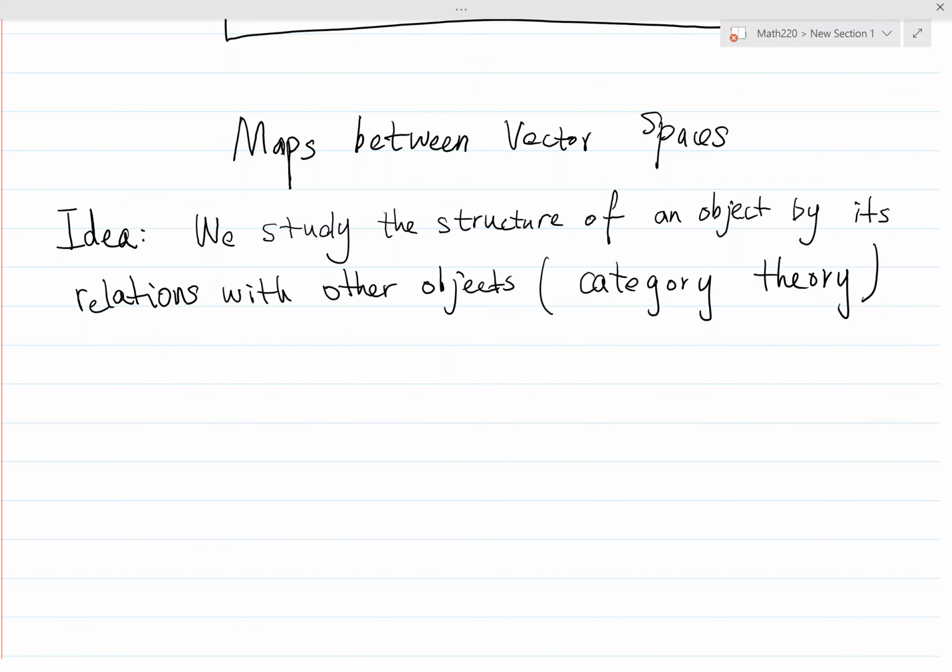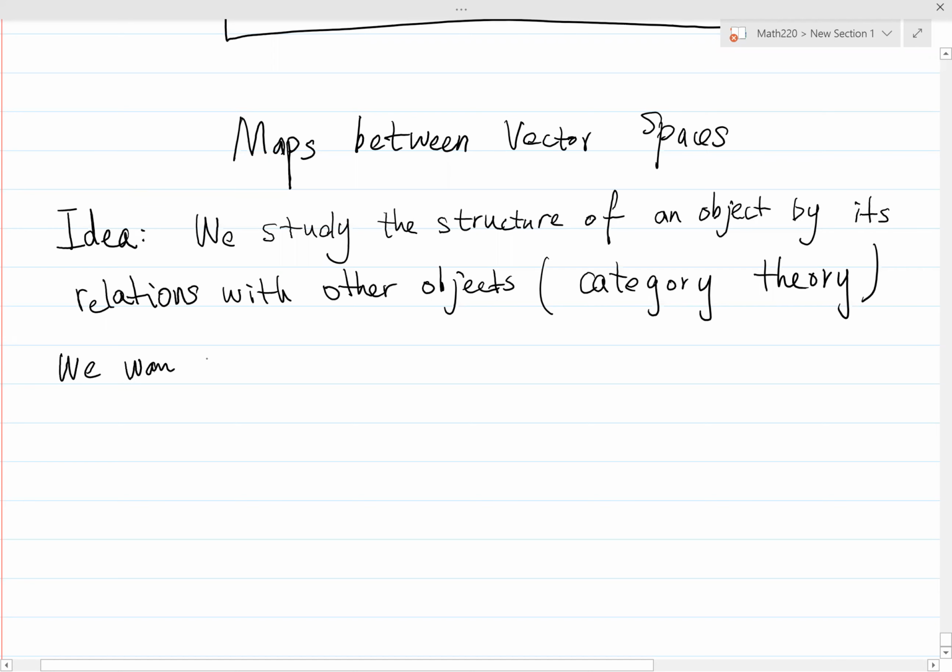For instance, everyone knows functions between numbers. Now we also define functions, but on vector spaces. We want to study vector spaces by functions on vector spaces.